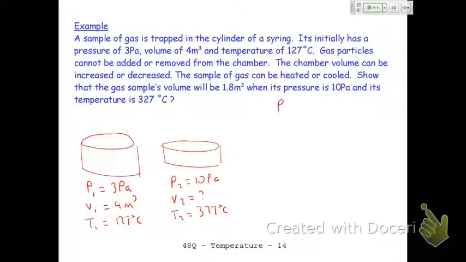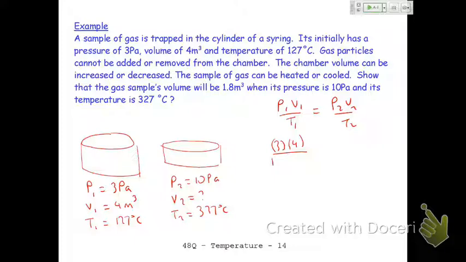So I say P1 V1 over T1 equals P2 V2 over T2. So 3 times 4 over... Don't we have to convert to kelvins? That's what I'm going to do.